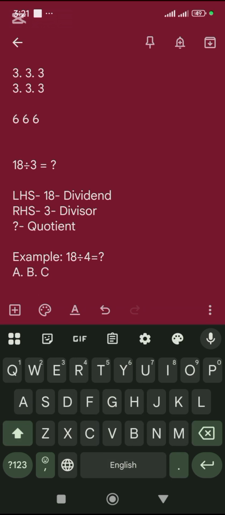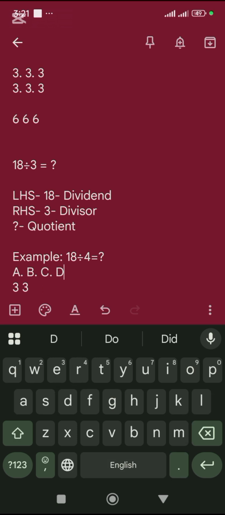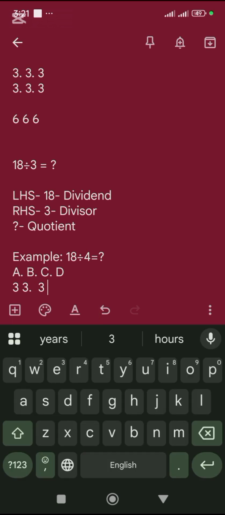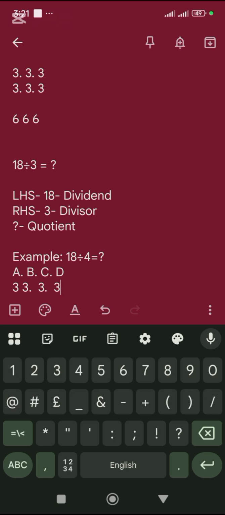Now in this case, each group first, let's give them 3. And 4, that would be D. We give C 3, and we give D 3. This would be 3 plus 3 is 6, 3 plus 3 is 6, that's 12.